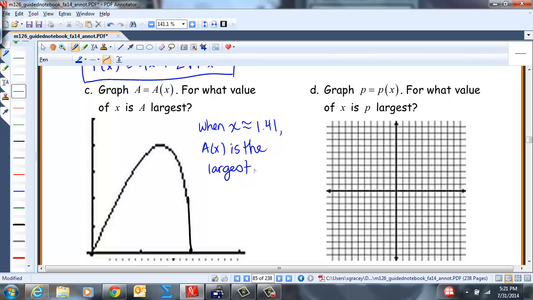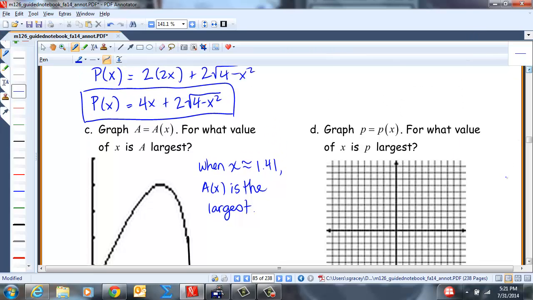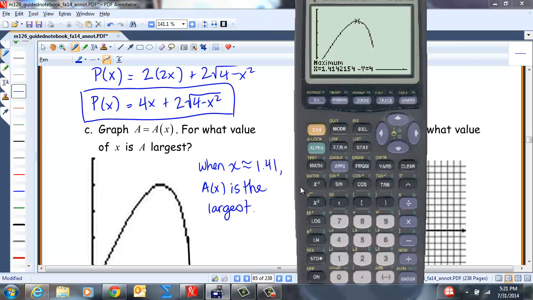Okay, so we do the same thing with the perimeter function. So the perimeter function, we'll go to our y equals. So now we'll have 4 times x, and instead of being multiplying, we're adding.